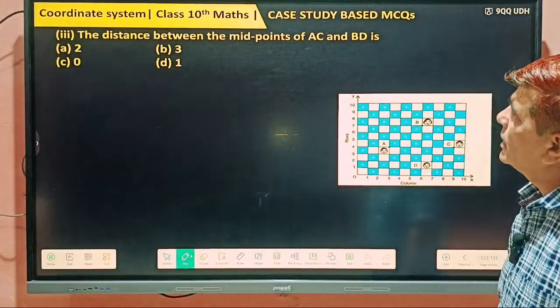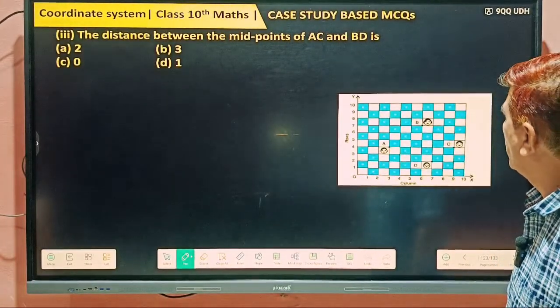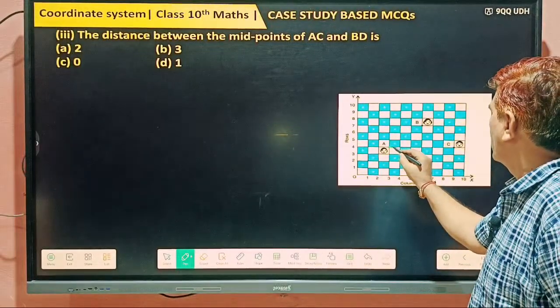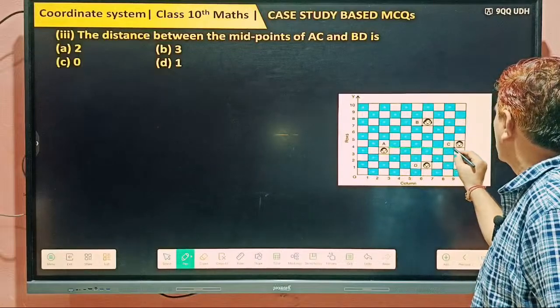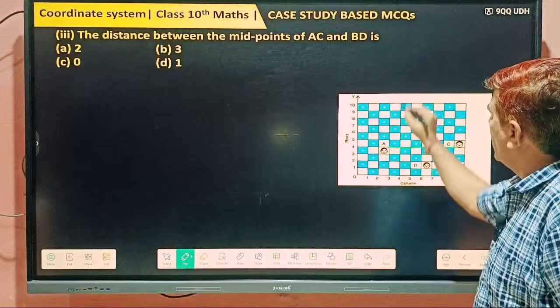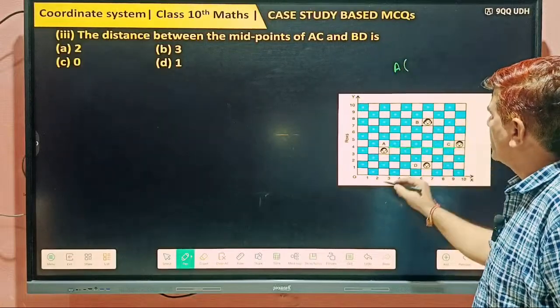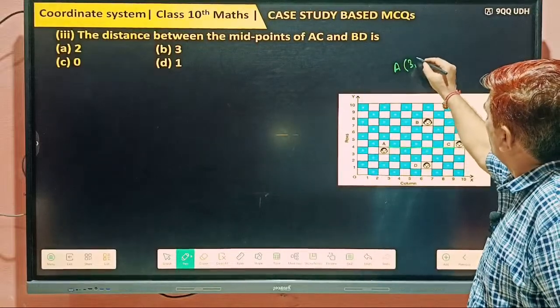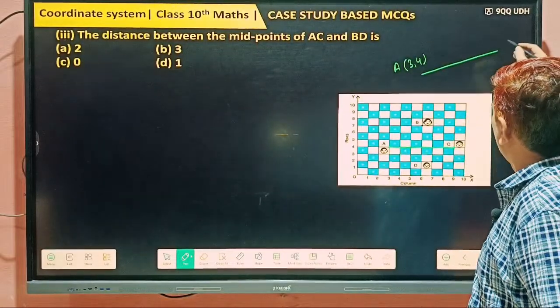C part: the distance between the midpoint of AC. A is this and C is this. Coordinate of A, how much distance? 3 and 4.